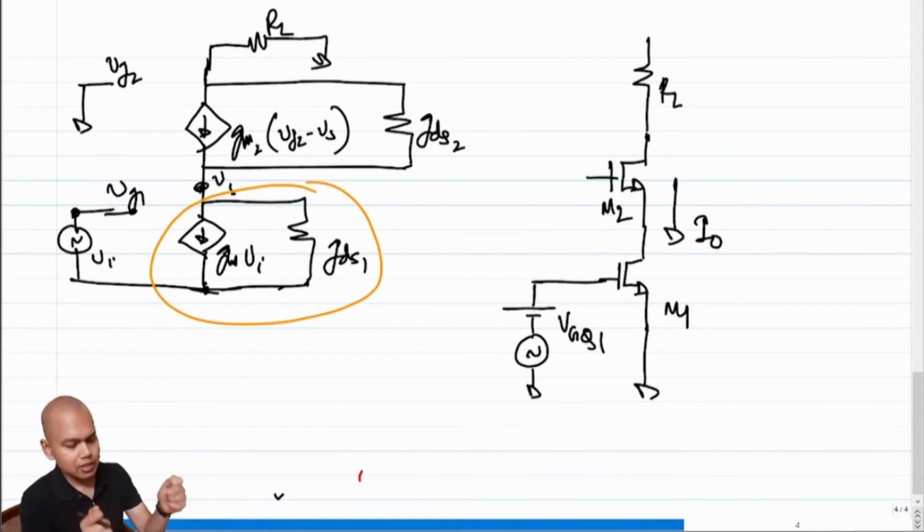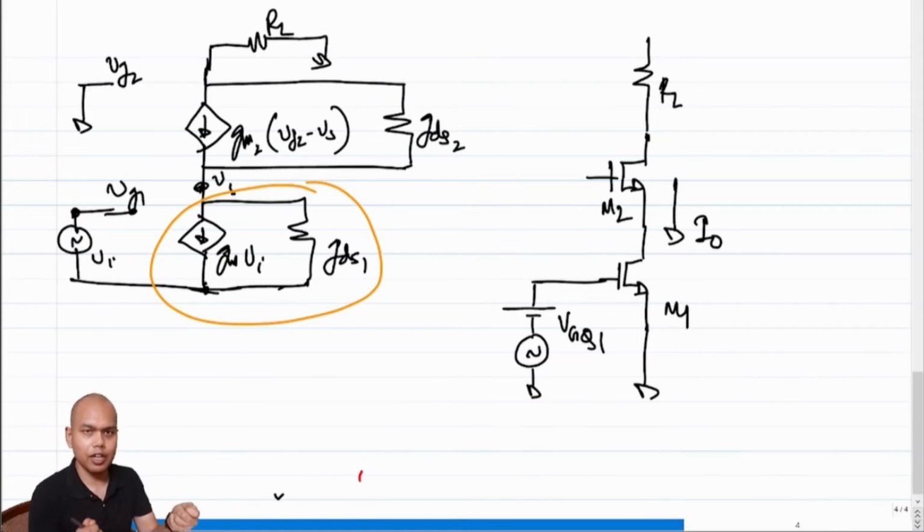So since we are setting separately the VGS of M1, the current I naught will be determined by the VGS of M1. Now one might argue, what about the VGS of M2, right? Is the VGS of M2 setting the current?